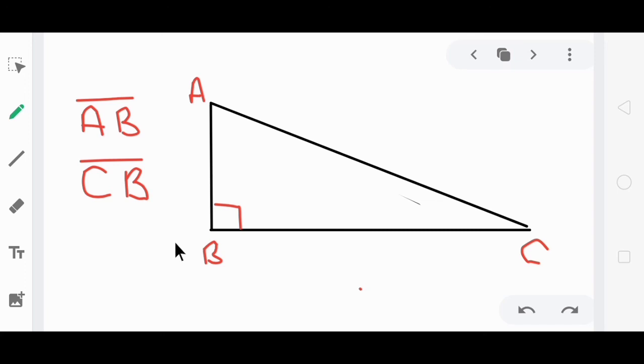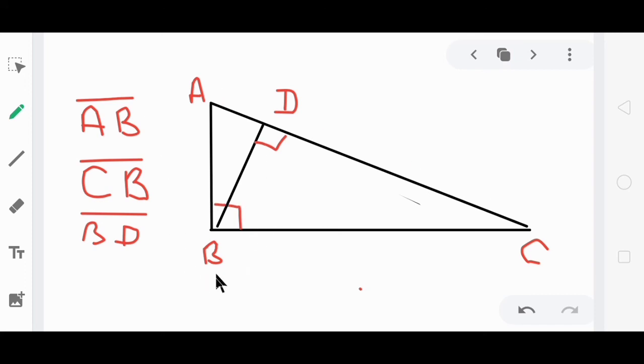And for this side AC, we have this point here, D. So BD is the altitude here, because for AC, B is the opposite vertex.